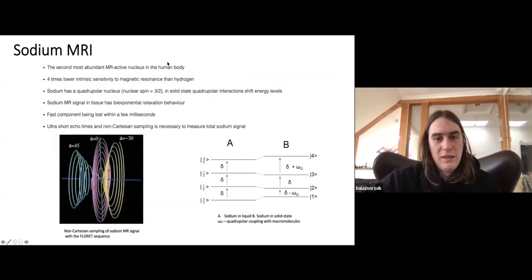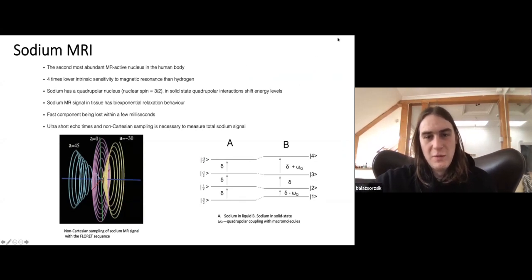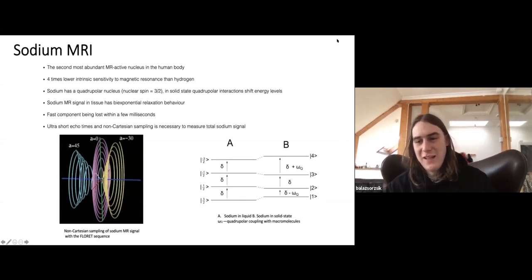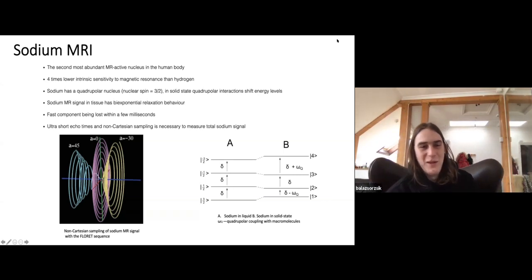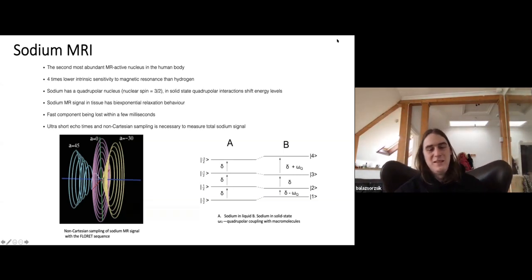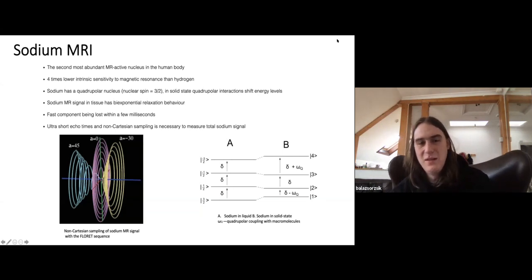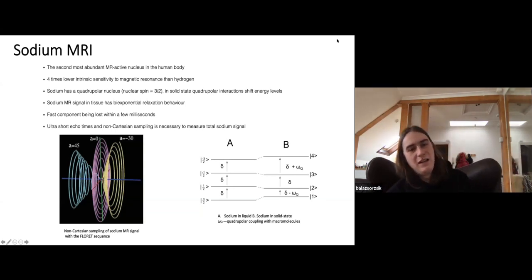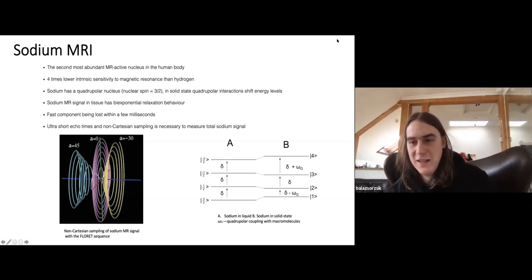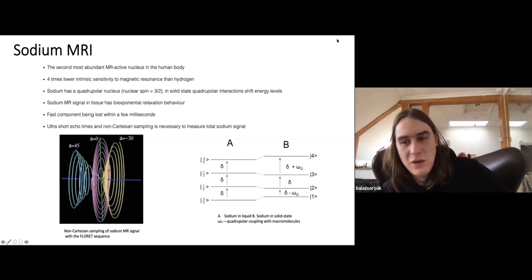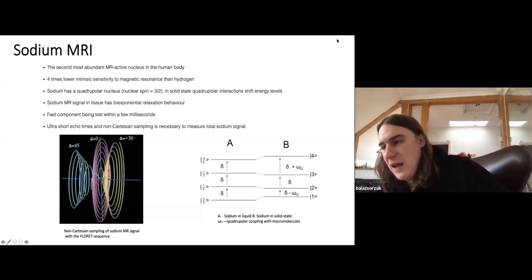So this was sort of the nice part of sodium MRI, and here we start to get into the problems. Sodium is the second most abundant MR active nucleus that has biological significance in the body. However, it has very low signal to noise ratio, and that can be attributed to its low concentration.